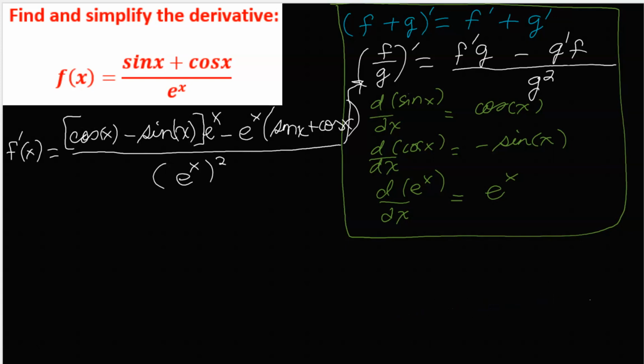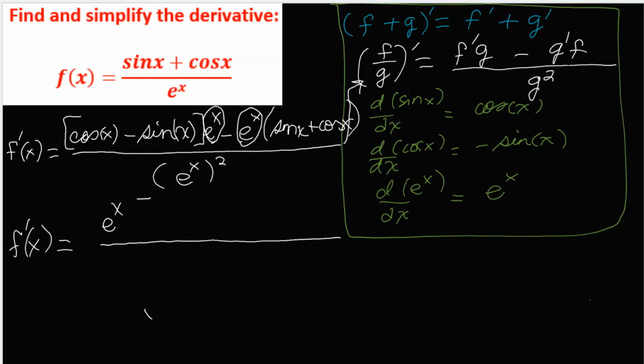Okay, let's go ahead and simplify. We can see that both of these have e to the x there, so we're going to go ahead and on the numerator, factor out e to the x. Okay, so e to the x, we're going to factor that part out. Okay, what do we have left?